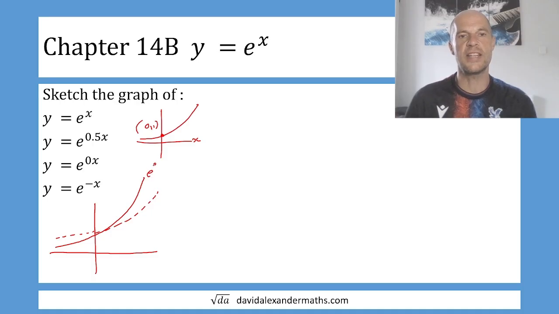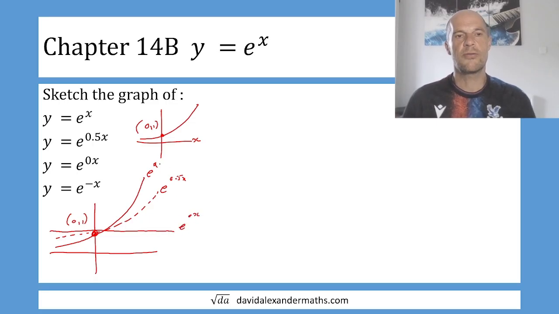So here we have e to the x, e to the 0.5x, so e to the 0.4x would be even less steep. Again, it would still go through this point 0, 1. e to the 0.3x less steep, 0.2x even less steep, until we get e to the 0x. Well, 0 times x is 0, and anything to the power of 0 is 1. So y equals e to the 0x would just be a straight line.